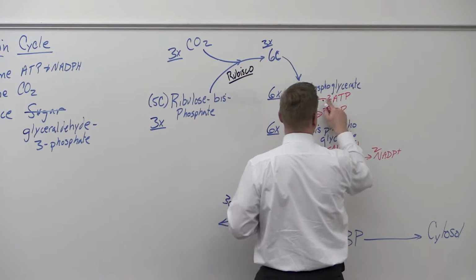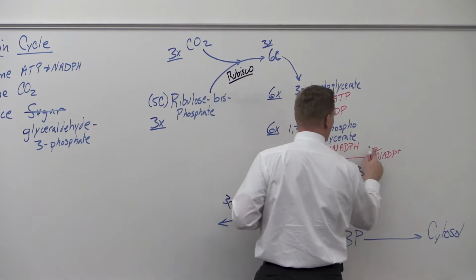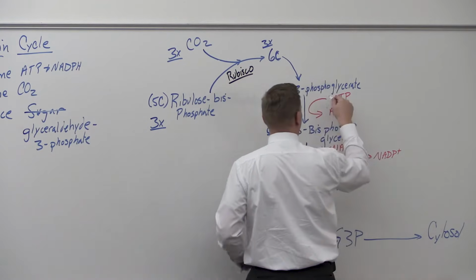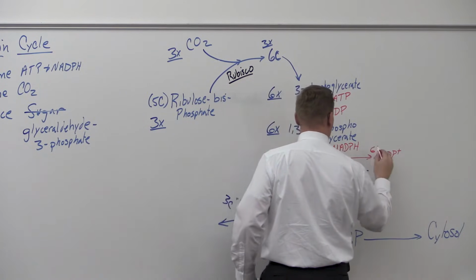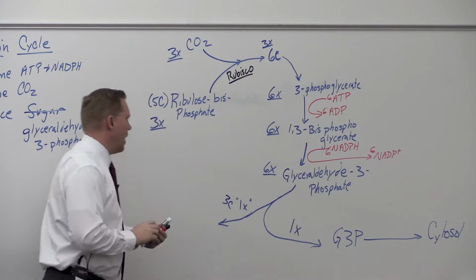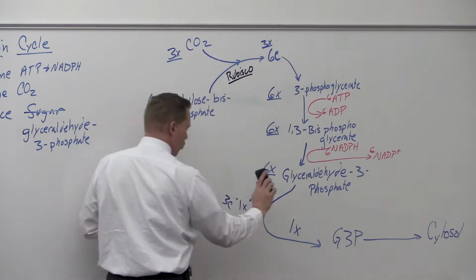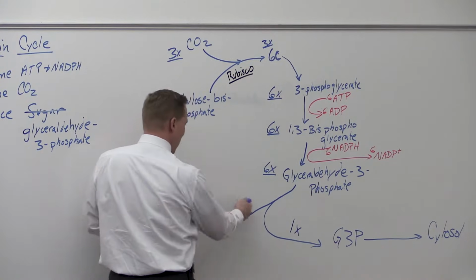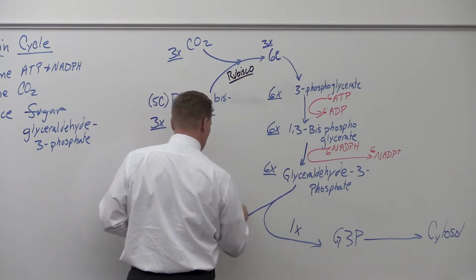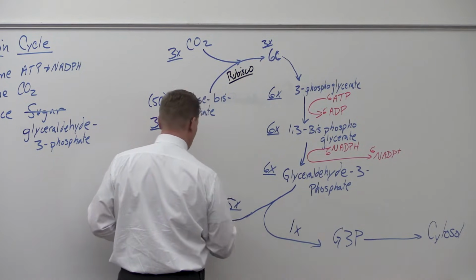We'll go ahead and change up here the amount of ATP and NADPH, which is also going to go up. So we're going to need 6 and 6 and 6 and 6. Now watch what happens. So we're still going to pull just one of them off. But now, instead of having just one remaining glyceraldehyde, we're going to have 5 remaining G3Ps.